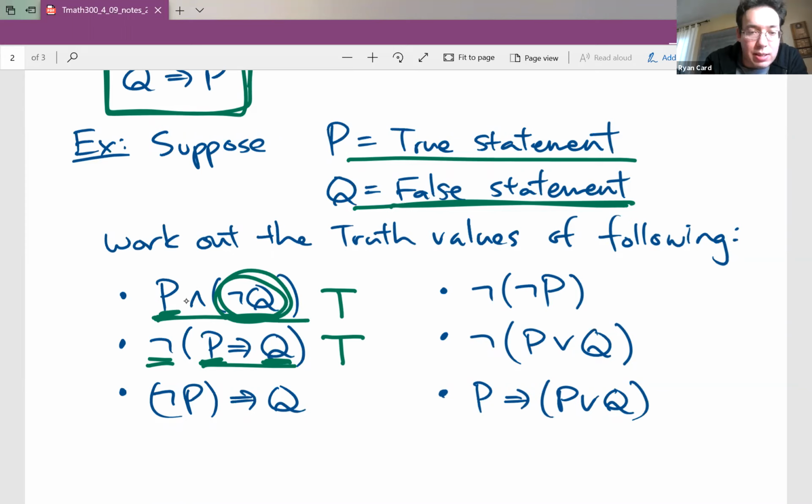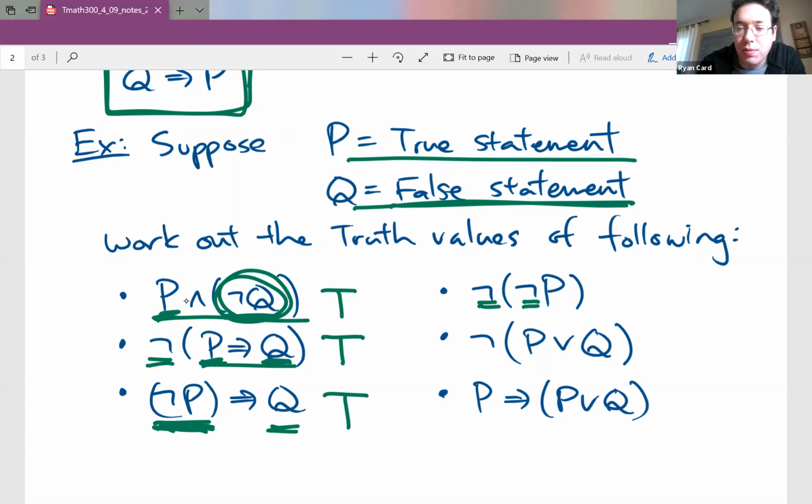The next sentence, you have not P. P is a true statement, so not P is a false statement. If the hypothesis part of the implication is false, then it doesn't matter what comes after the arrow. This becomes a true statement. The next expression, you're using the not twice.